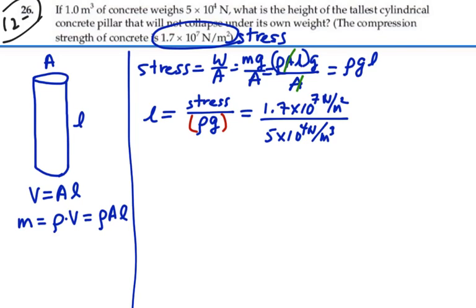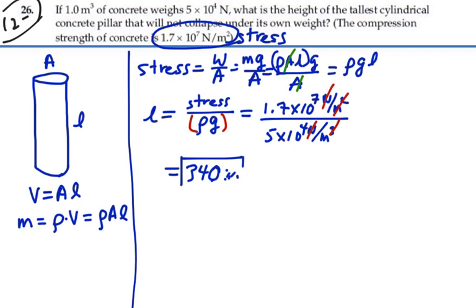Alright, the newtons cancel out, and meters squared cancel out, and we're going to end up with meters. And this is going to equal 340 meters.